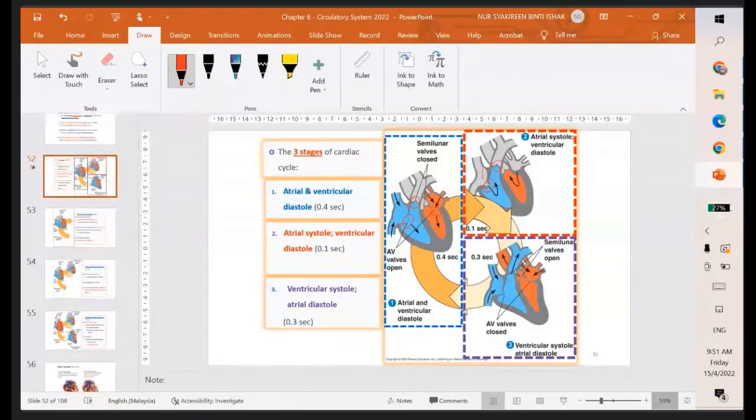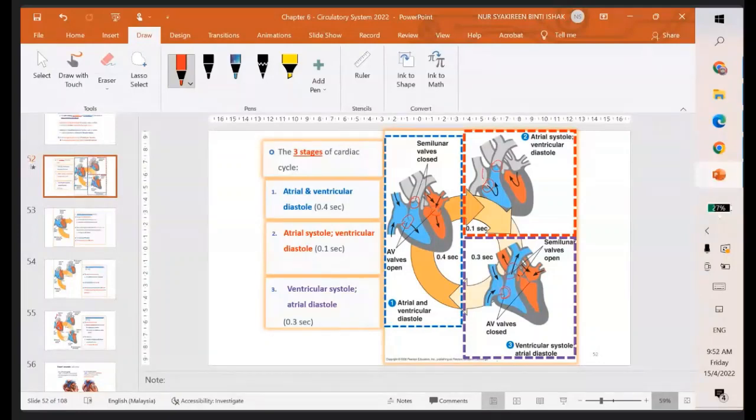So bila ventricle ni dah penuh dengan darah, baru stage yang ketiga kan. So bila stage yang ketiga, apa yang berlaku? Ventricle contract, which is ventricle systole. So the contraction of the ventricle causes the blood in the ventricle to be pumped out. So obviously the semilunar valve will open. And this time, because to create the high pressure, the AV valve needs to be closed. So, kena tahu apa yang berlaku dekat ketiga-tiga stage.